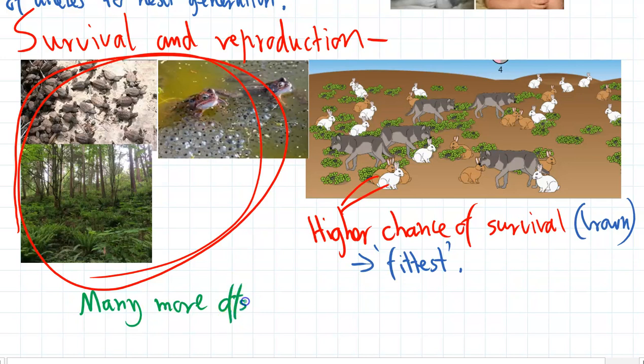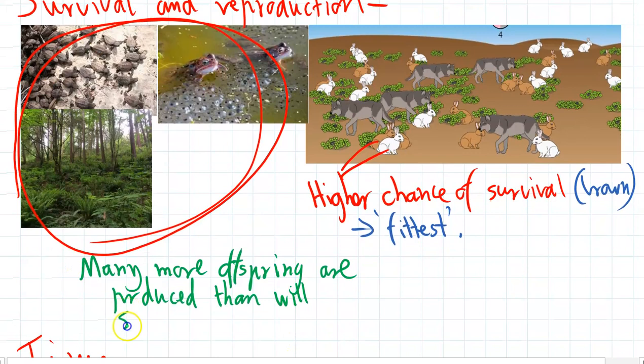So many more offspring or children are produced than will survive. And that's because every ecosystem can only hold a certain number of species. Like if we look here at frogs, they produce hundreds and hundreds of eggs, which hatch into tadpoles. Barely 1% of those tadpoles are going to grow up to become a frog.